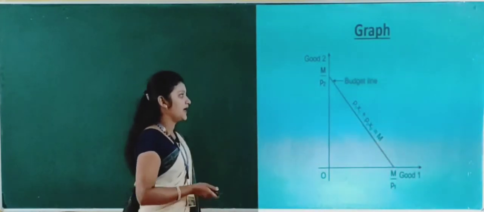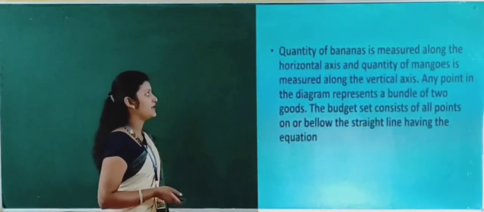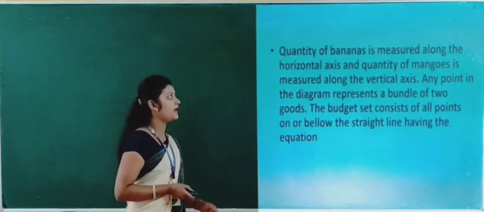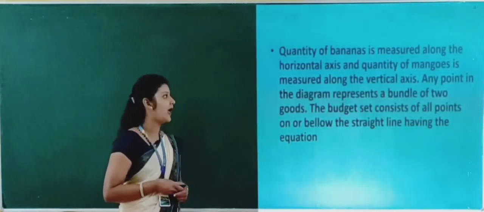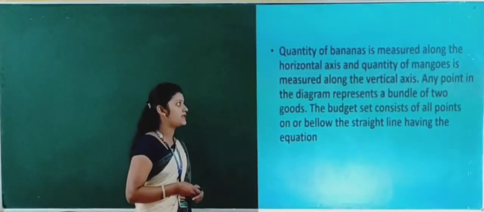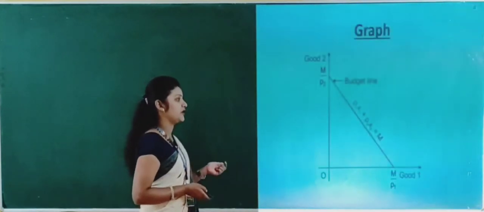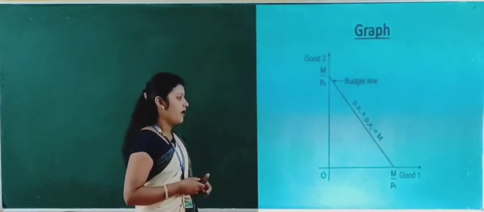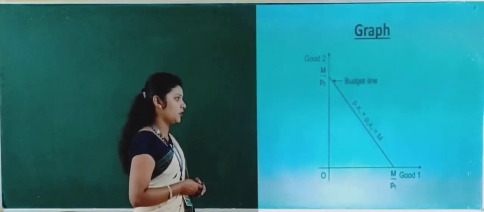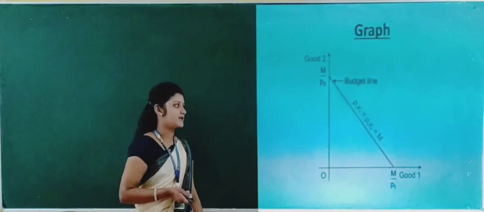Here I will explain the equation. Let's see the next point. Quantity of banana is measured along the horizontal axis, and quantity of mango is measured along the vertical axis. This is the explanation of the graph.